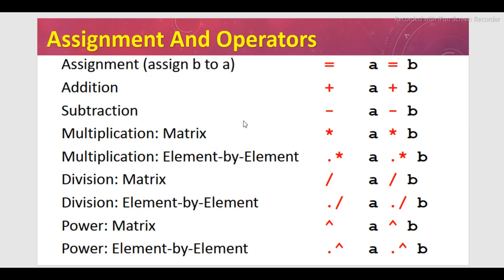Multiplication element by element, that is dot star. Then division in matrix, the sign is the division mark, then division element by element, dot division, then power in matrix, that is a power b, and last of all power element by element, that is also dot power.